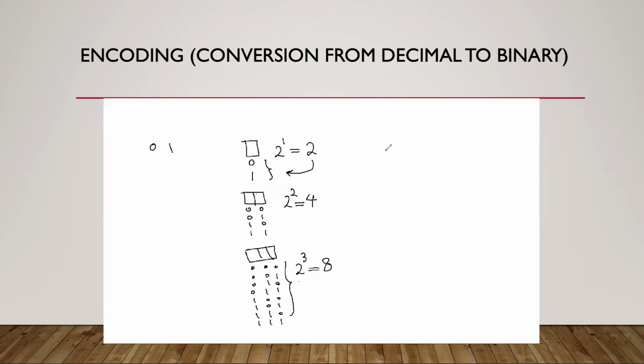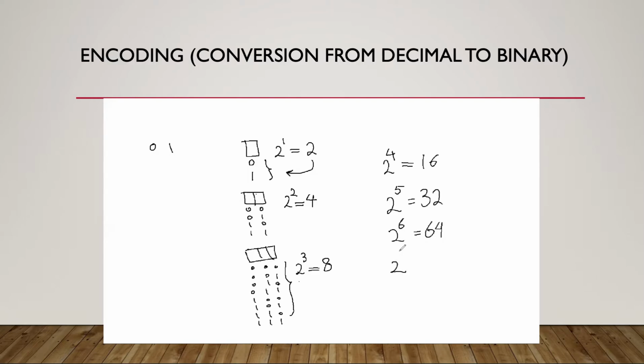In binary system, if I had 4 bits, how many states, how many codes can I have? Right, 16. If I had binary system with 5 bits, I can have 32. If I have binary system with 6 bits, I can have 64.